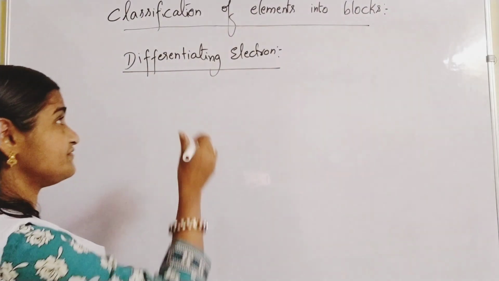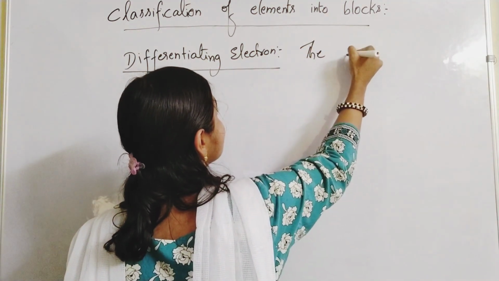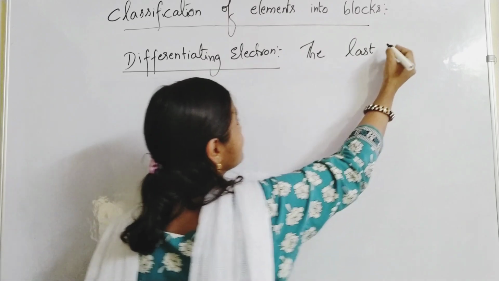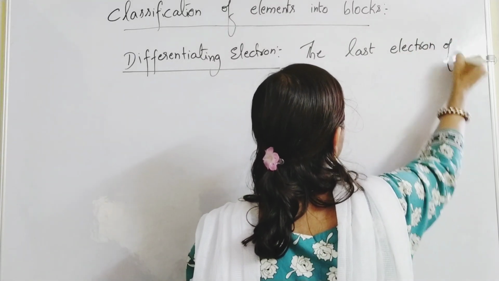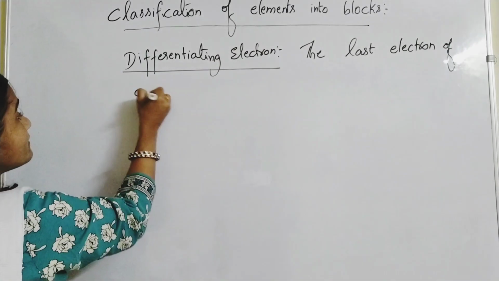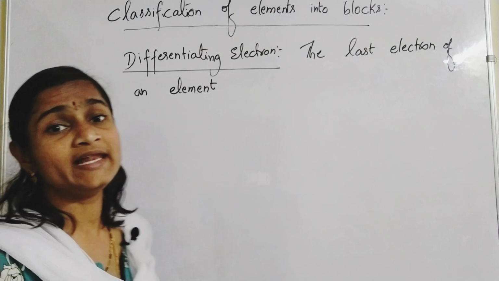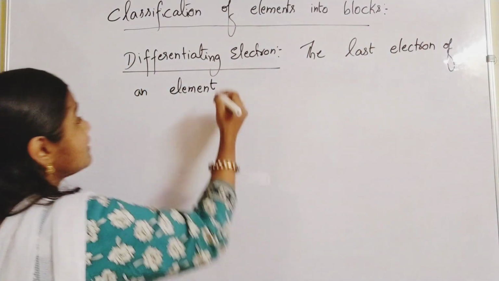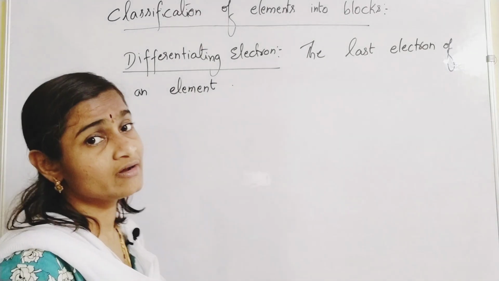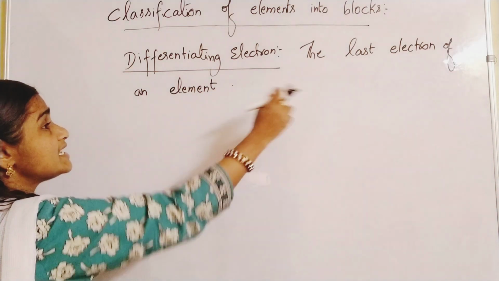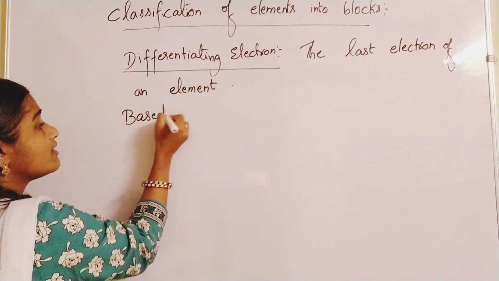So what is differentiating electron? The last electron of any atom, the last electron of an element, is called the differentiating electron.